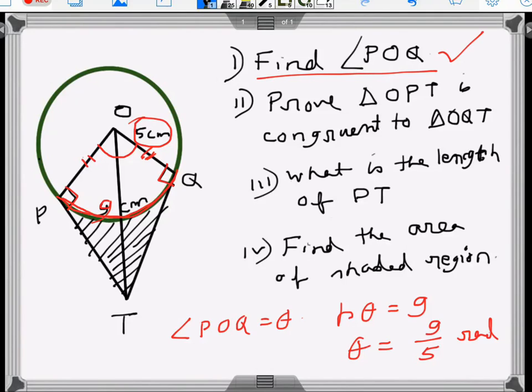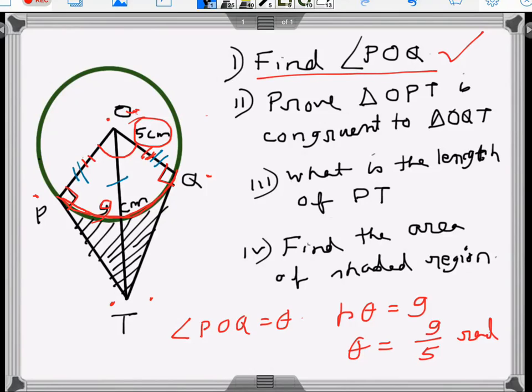Then we have to show that triangle OPT is congruent to triangle OQT. This triangle is congruent with that triangle. We can see that these arms are equal, both radii.